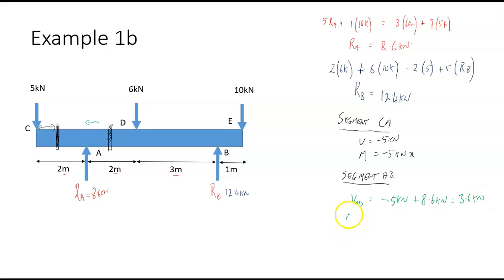And the moment from A to D. Okay, so we have that force acting at that distance, so we're calling this distance x. So we have minus 5kx, plus, and then we have this moment here.